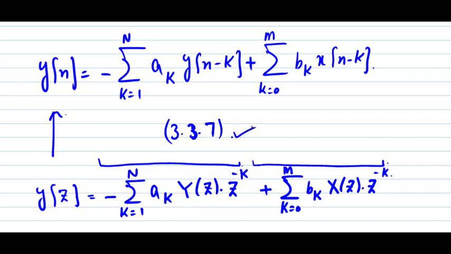Please go through this equation in chapter 3 and see how we get this equation from the previous one. We have seen this by using some properties of the Z transform.